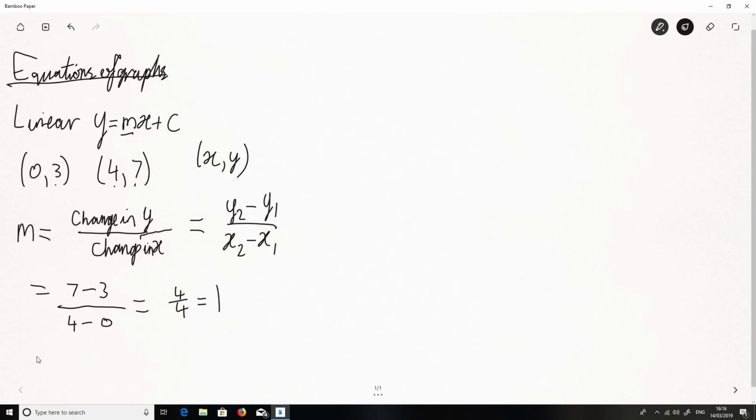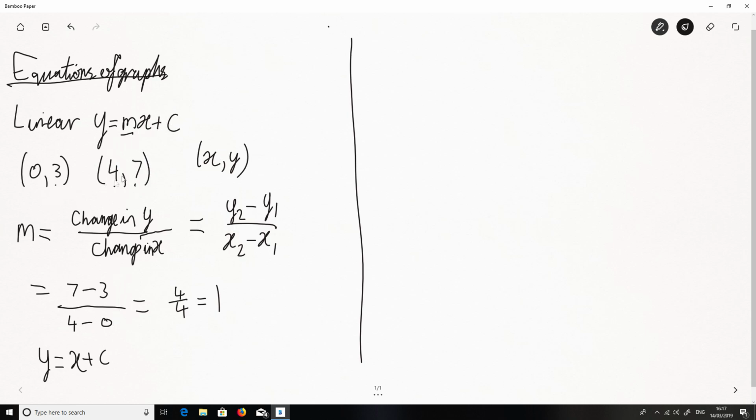So that means currently we have an equation of the graph in the format y equals x plus c, just subbing in m equals 1. So now that we've got that, we need to try and find c. In order to find c, what we will do is substitute one of these points into our equation.